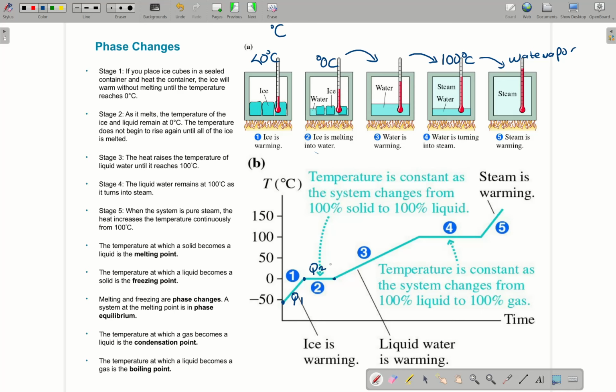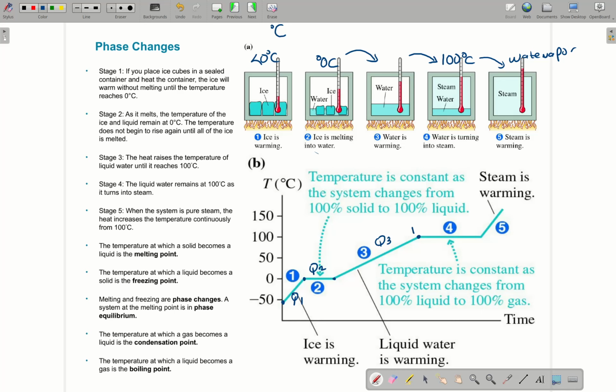So temperature doesn't change. It all melts, become all water. I keep heating up, now temperature will increase. Now I'm giving another amount of heat to water. It will increase in its temperature until the point of boiling is reached.